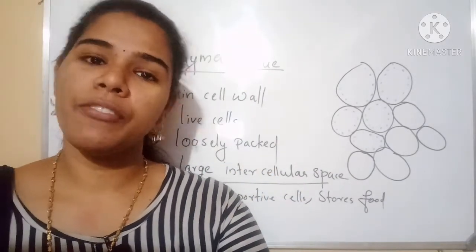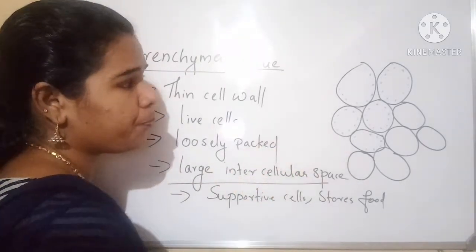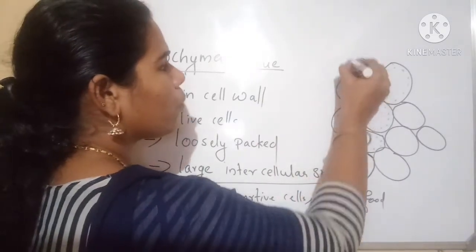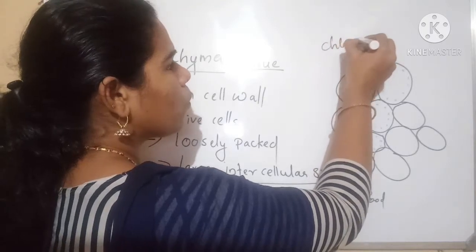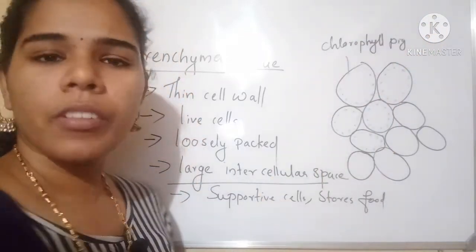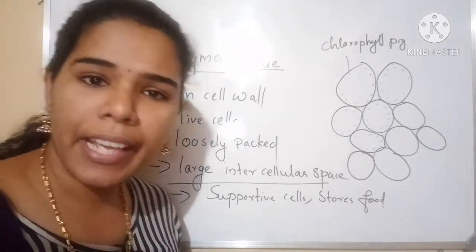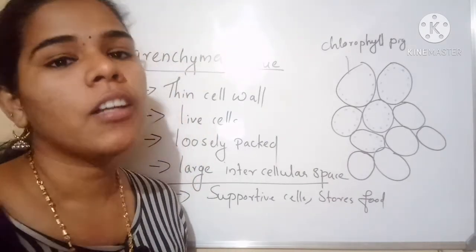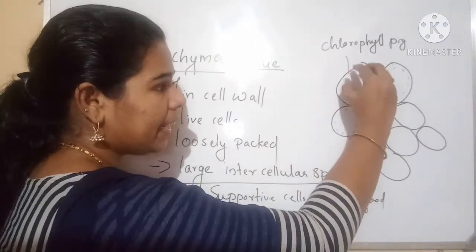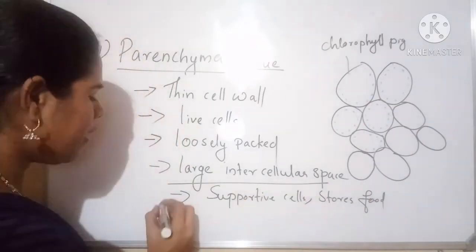That process is called photosynthesis. So the parenchymatous tissues that contain chlorophyll pigment are called schlerenchyma.